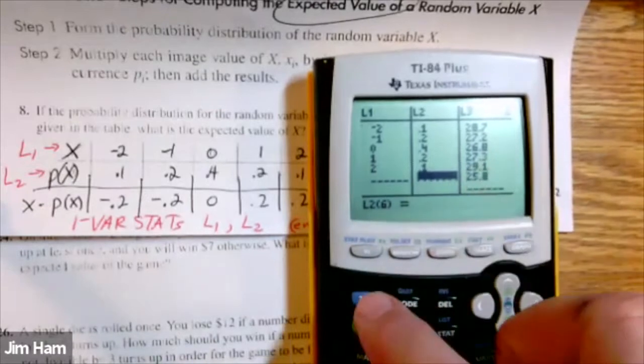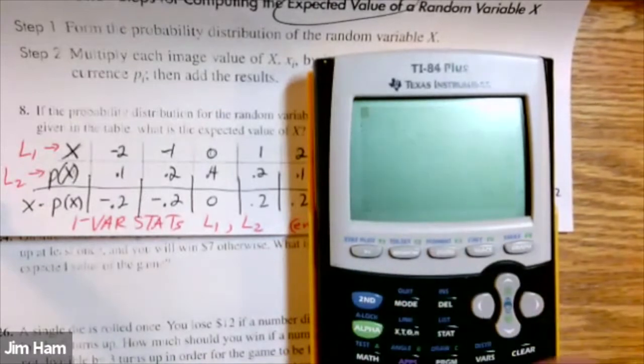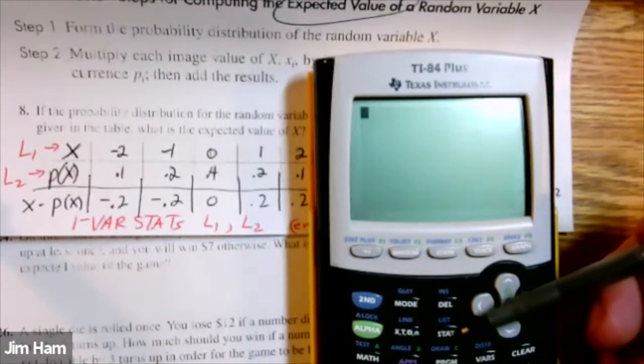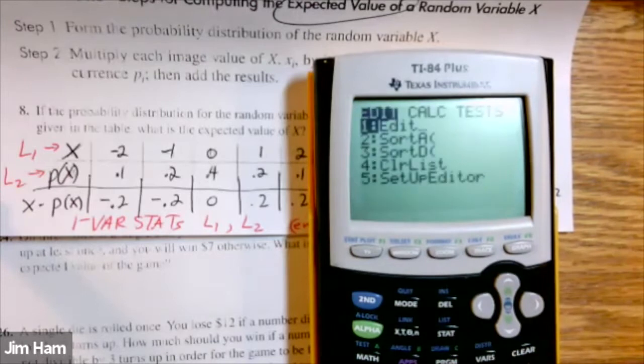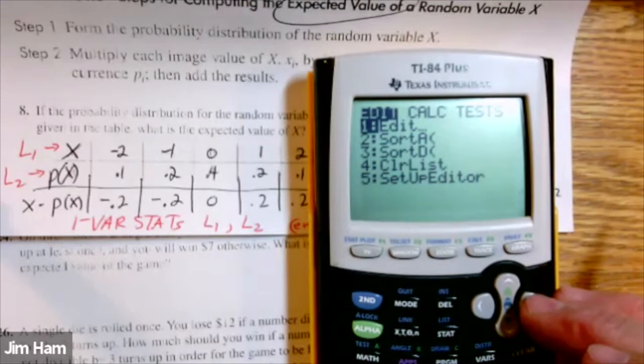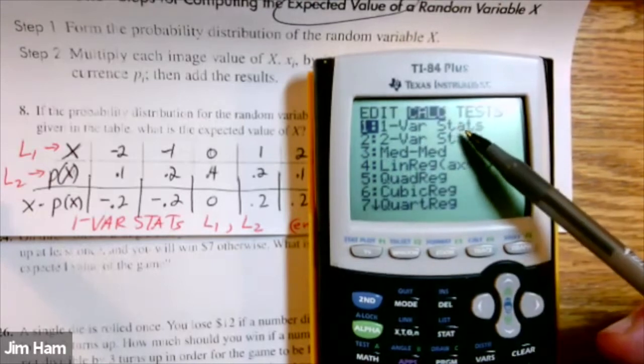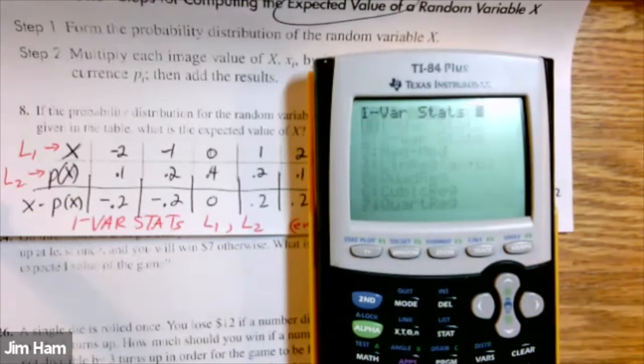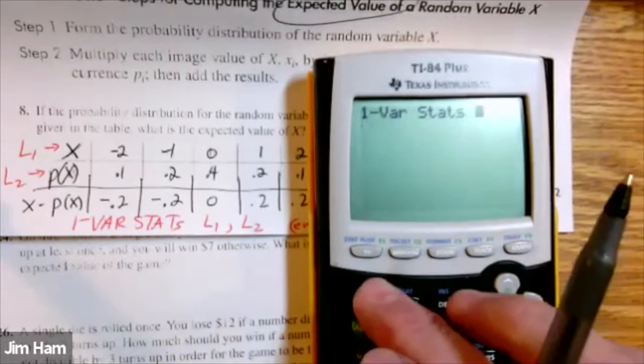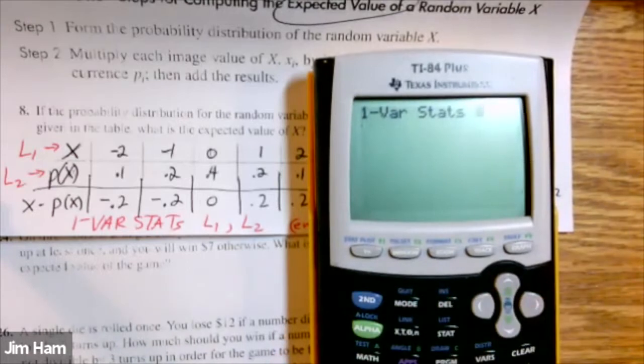Here's what it's going to look like. Once you have the data in there, you can quit to go back to your home screen. Since we're going to do a statistical calculation, go into the stat menu and then over to the calc menu, the middle menu, and there you see the single variable statistics right at the top. If you select it, some of you with an old calculator, like mine, have to type everything onto the home screen.